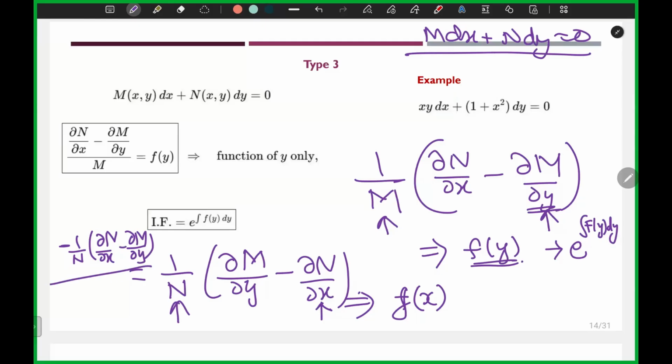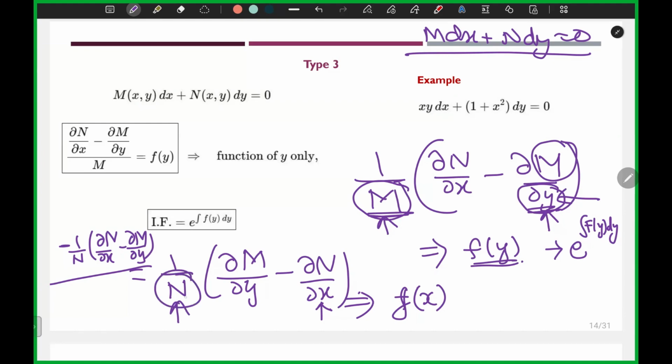When you have M here and N here after the minus sign, M is associated with y, so it should be a function of y.